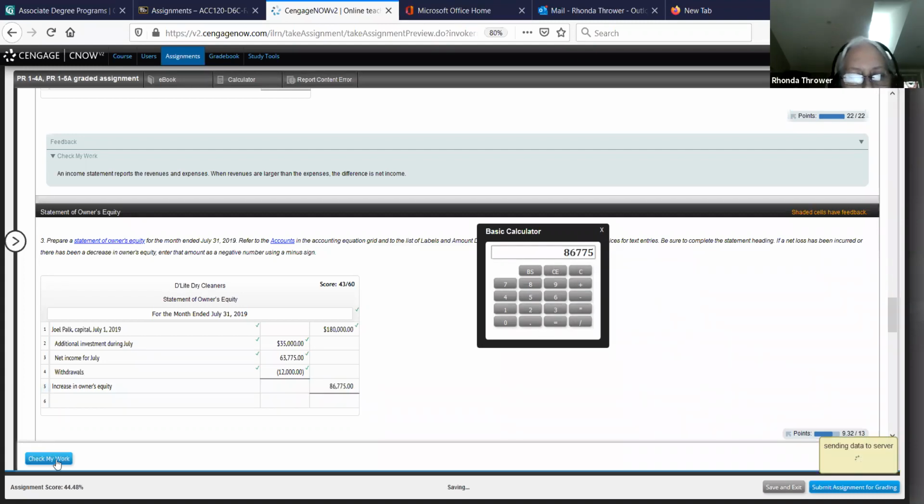I'm going to check my work just to make sure that my math was right. And it is. I combined these three items to get this. Because this is an increase in owner's equity, it is going to be added to the beginning capital balance, and that will give you the ending amount of the owner's equity.